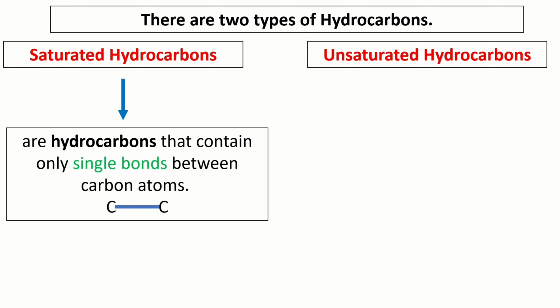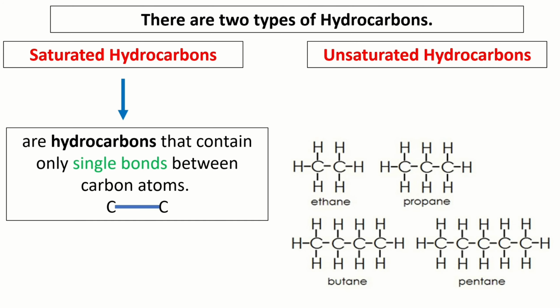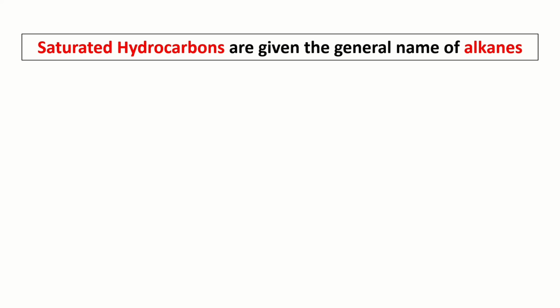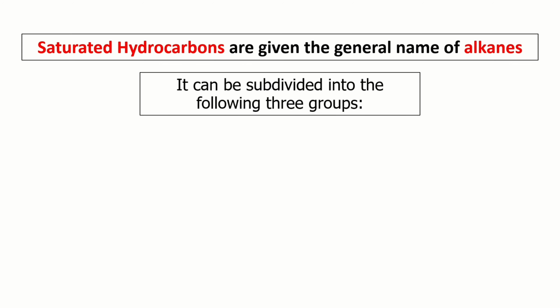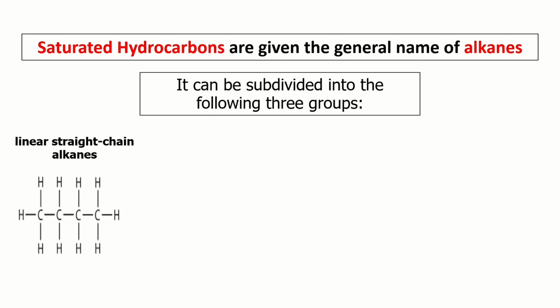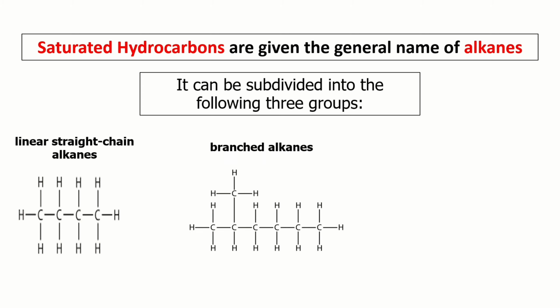Here are some examples. Saturated hydrocarbons are also known as alkanes. They can be subdivided into the following three groups: linear straight chain alkanes, branched alkanes, and cycloalkanes.